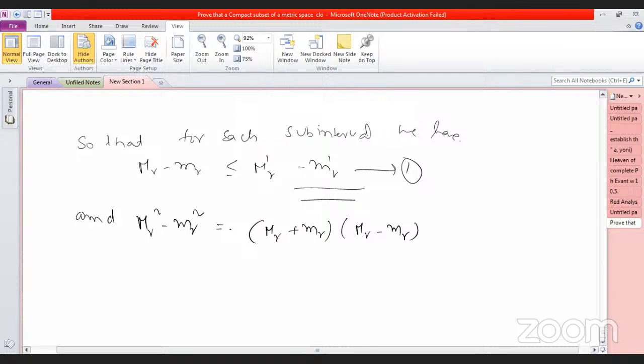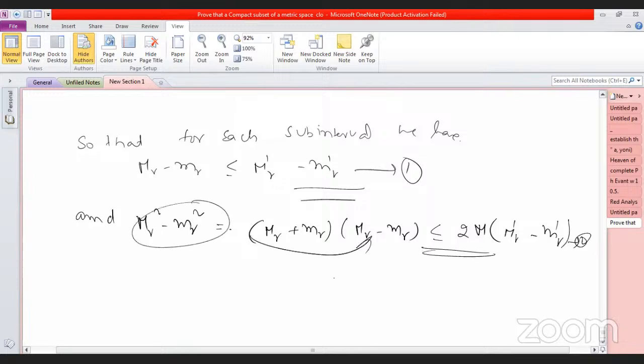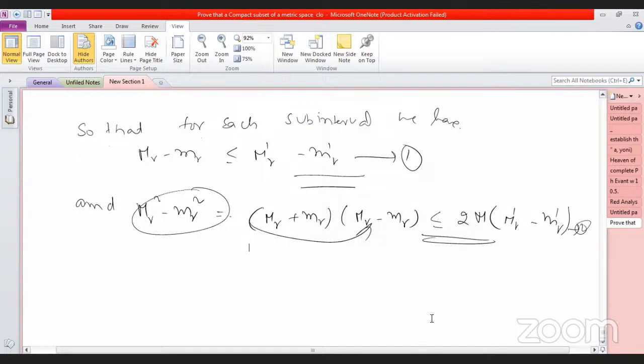M_r plus small m_r times M_r minus small m_r is less than or equal to 2M. Can we write 2M here? This is the second equation, where M is equal to the supremum of f(x), a less than or equal to x less than or equal to b.